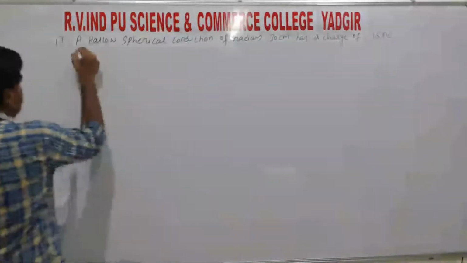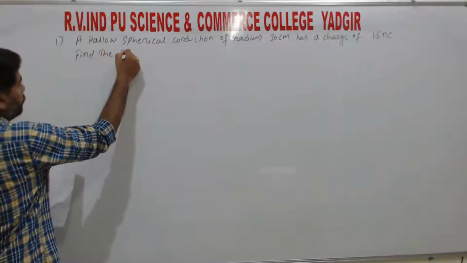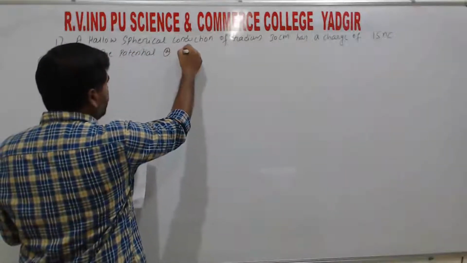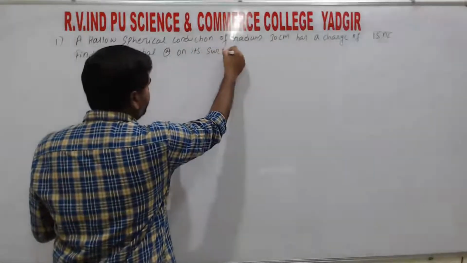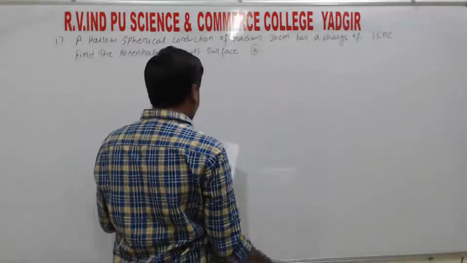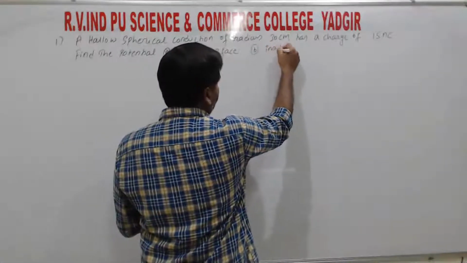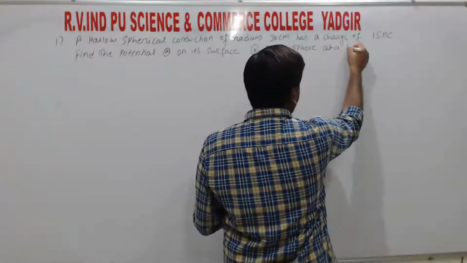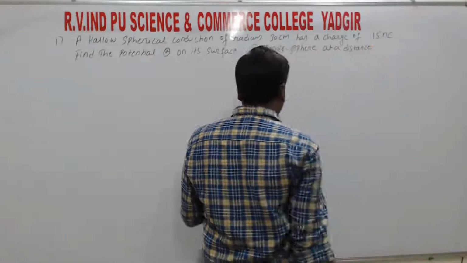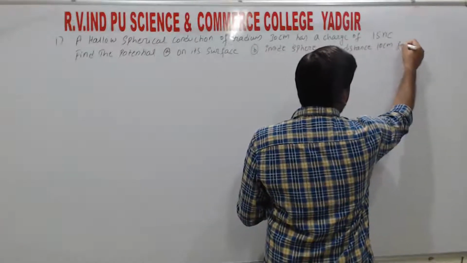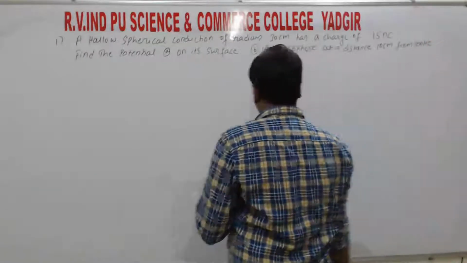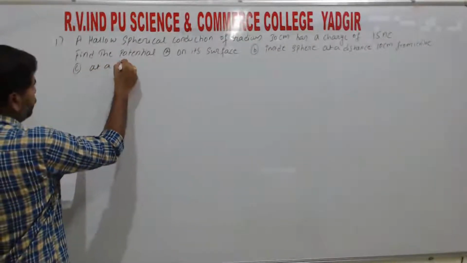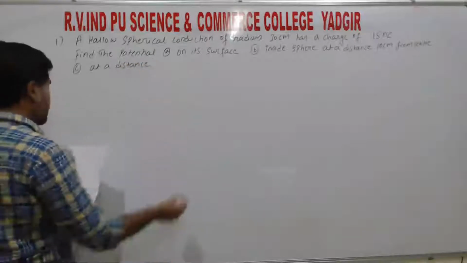Find the potential: A, on its surface; B, inside the sphere at a distance of 10 centimeter from the center; C, at a distance of 10 centimeter from the surface.